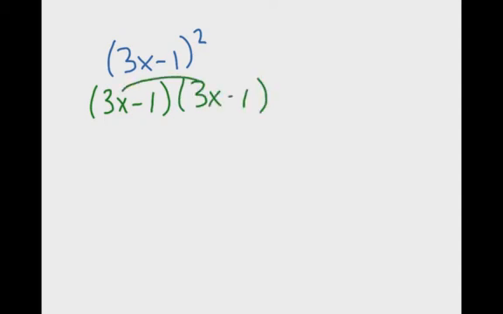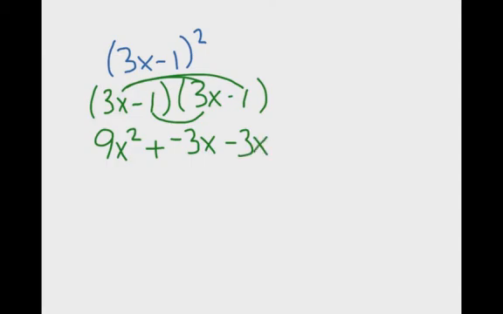We take 3x times 3x, which gives us 9x squared, plus 3x times a negative 1, which is a negative 3x, and then negative 1 times 3x, another negative 3x, and negative 1 times negative 1 gives us a positive 1. Combine like terms: 9x squared minus 6x plus 1.